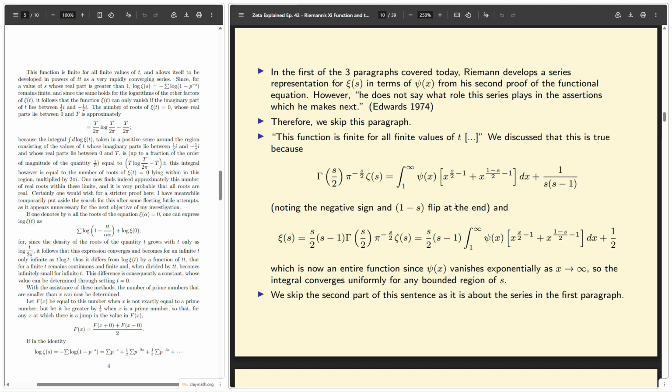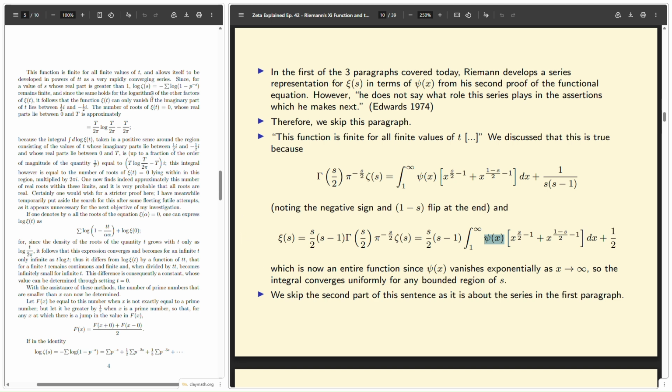This is already an analytic function, so multiplying by s times s minus 1 is still an analytic function. So now c is an entire function, because this part vanishes exponentially as x goes to infinity. We covered that in the previous episode, but I don't want to waste time proving that because we're limited on time right now. So the integral converges uniformly for any bounded region of s, and therefore it is an entire function.